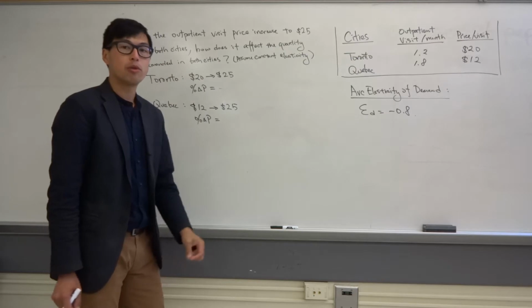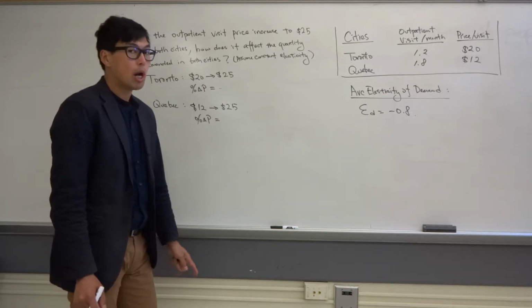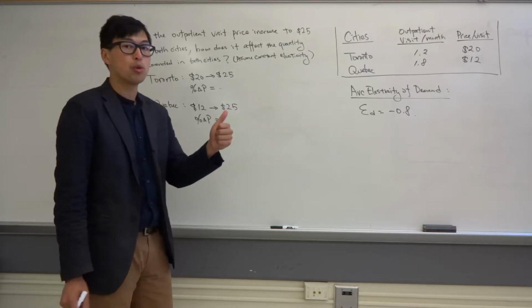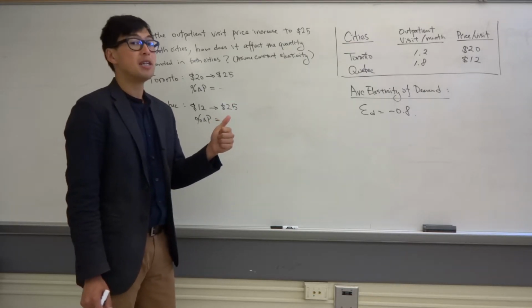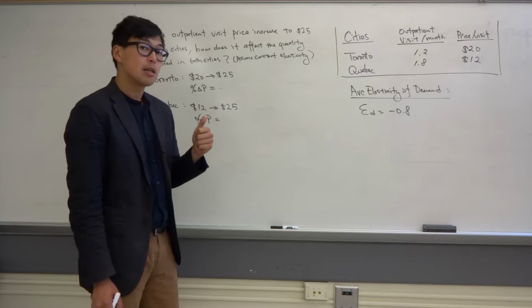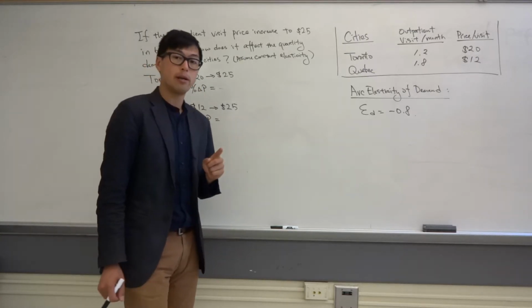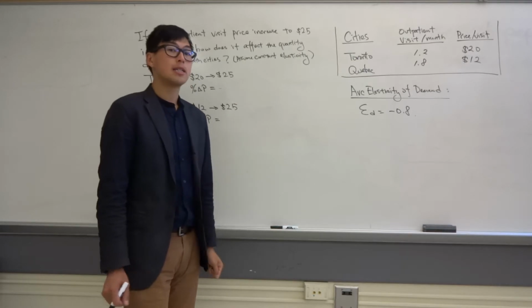Now the next question we would like to answer is, if the price of this outpatient service goes up to $25 in both cities, how is it going to affect the quantity demanded in both cities, assuming a constant elasticity of demand?